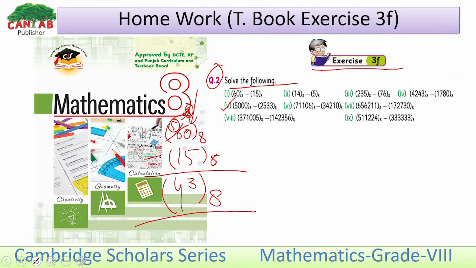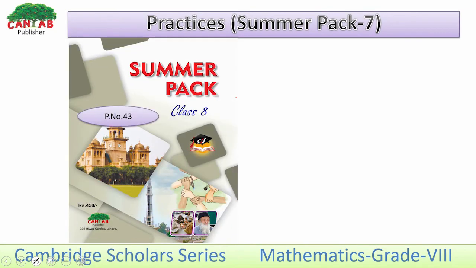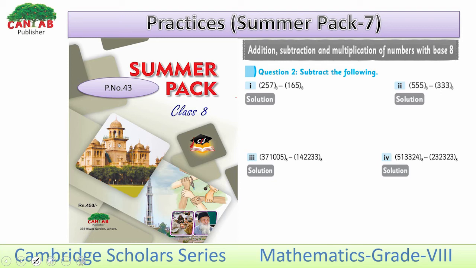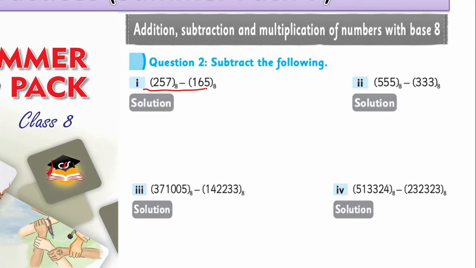Now come to the summer pack, page number 43. Question number 2. Subtract the following. Perform subtraction like the procedure which we have done in examples and exercise. First of all, you need to complete these questions on your summer pack and then send the summer pack to your teacher for checking.